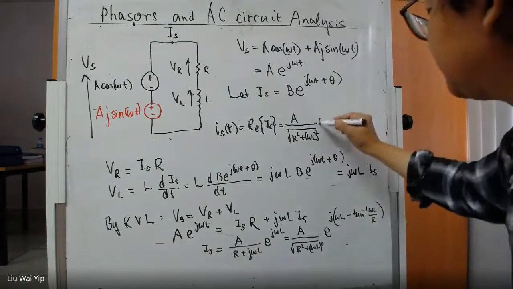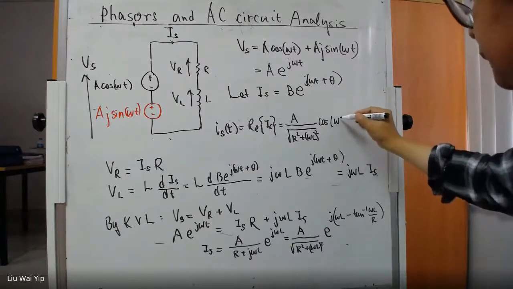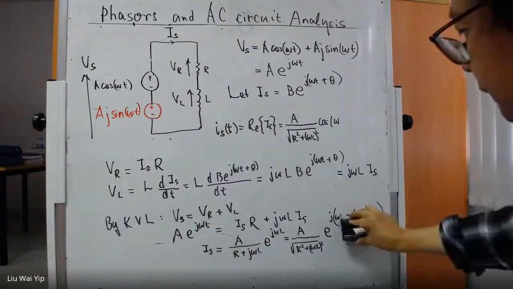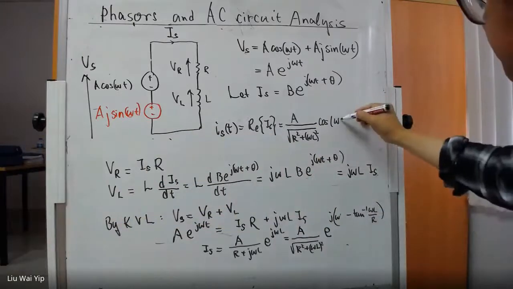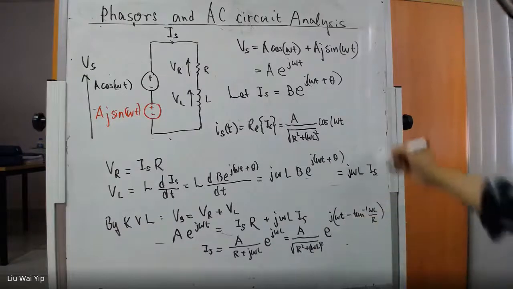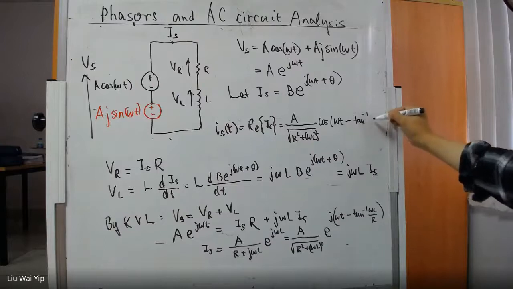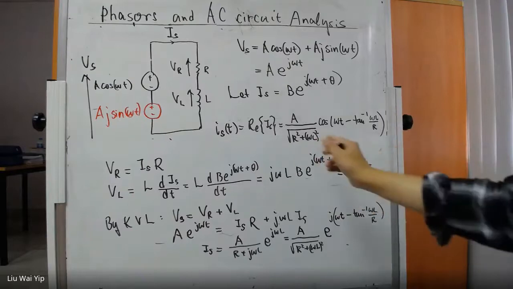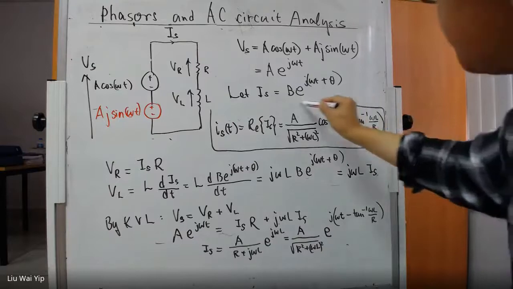Then it's very logical: cosine of omega t, you put omega t here, and then minus arctangent, we just copy it. So this is your answer for the current.